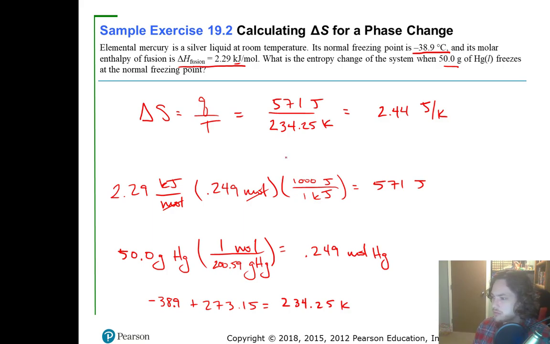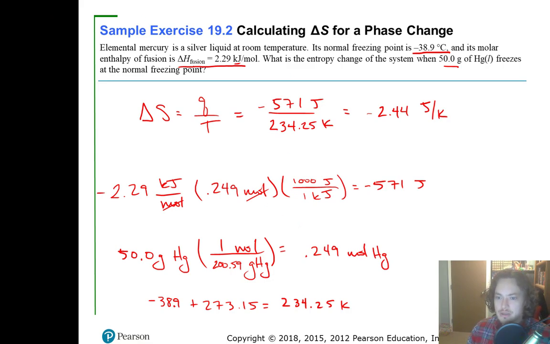It was going from a liquid to a solid, so heat has to leave the system. Remember, if something is leaving our system, it's negative. If something's coming into our system, it's positive. So really, this is going to be a negative 2.29, which means the result is negative. So we get negative 2.44 joules per Kelvin as our total entropy change.